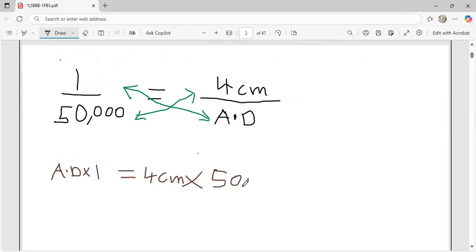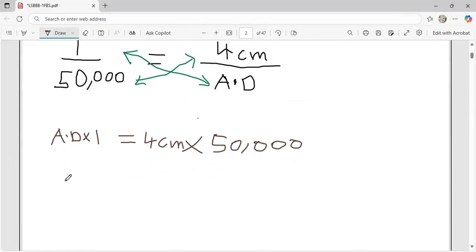Okay, so from here, let's all pick our calculators and evaluate the relation. So 4 times 50,000 will give us 200,000.